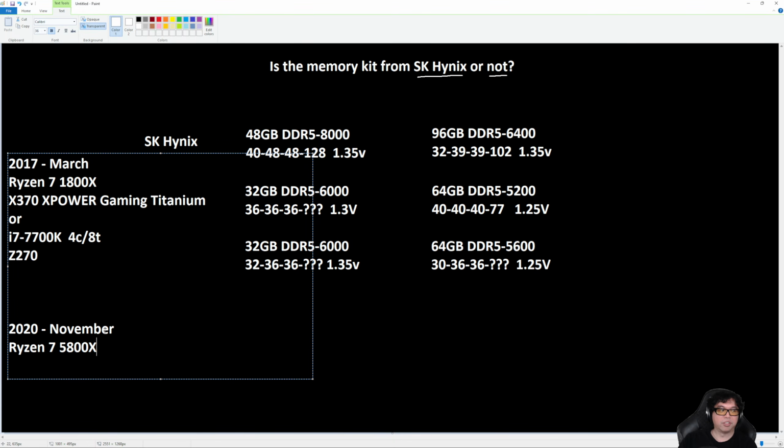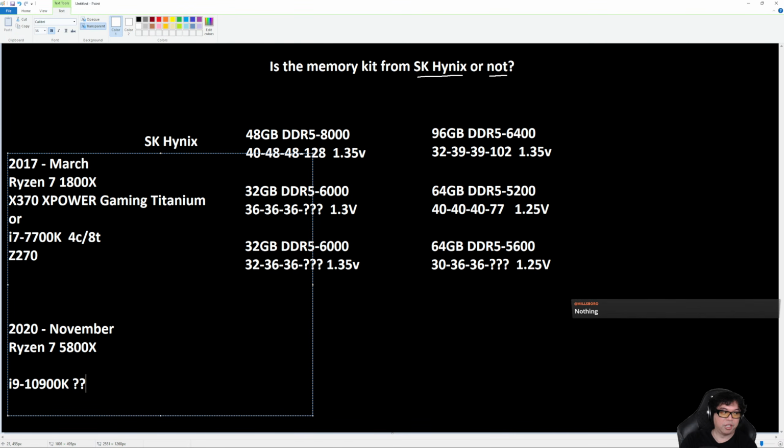So, if I went with this instead of this, and if I upgraded in November of 2020, what would I be able to do with that motherboard, with Z270? Would I be able to throw an i9 10900K in that motherboard?